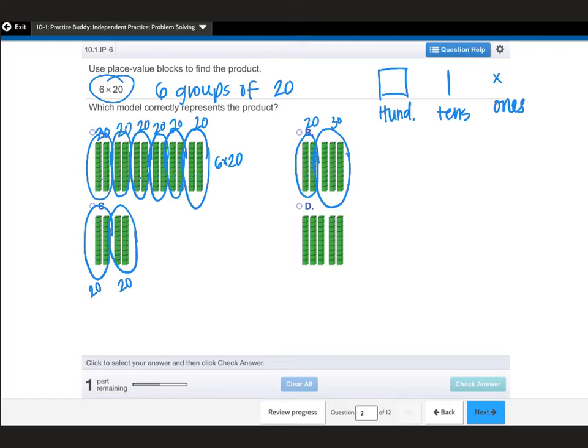So how many groups of 20 do I have? Well, I only have 2 groups of 20. So that would not be the correct answer there. And then let's look at D. I have a group of 30 and a group of 20. So our only correct answer would be A. Okay, 6 groups of 20.